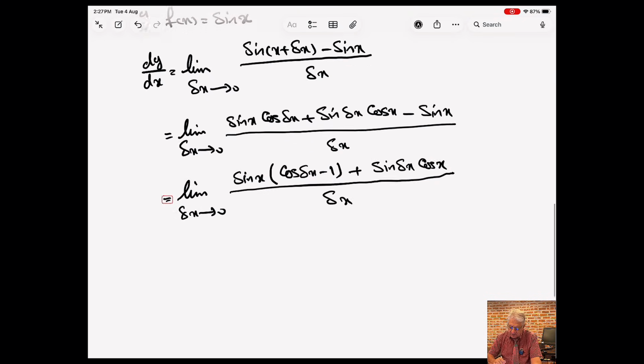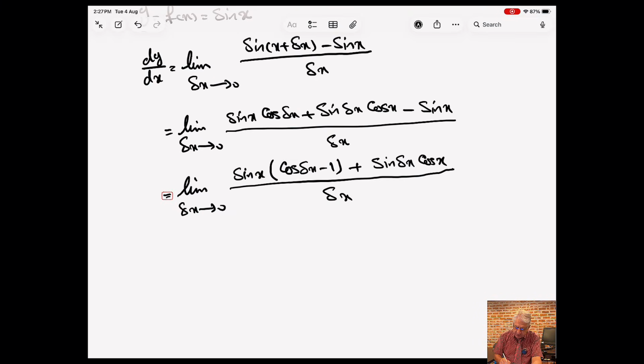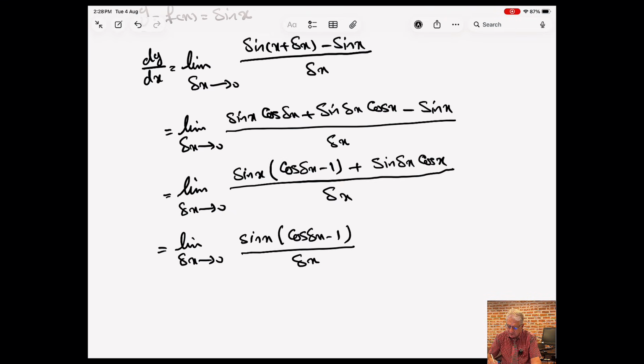Okay, now we can see that I can split this into two limits. The limit as delta x goes to 0 of sine x times cos delta x minus 1 divided by delta x, plus sine delta x cos x divided by delta x.